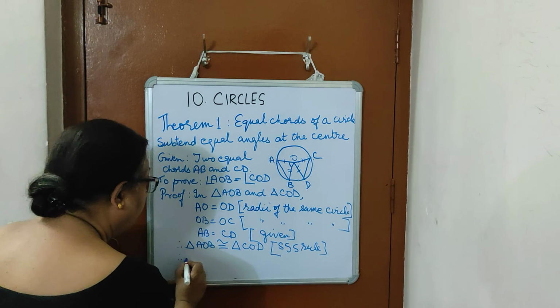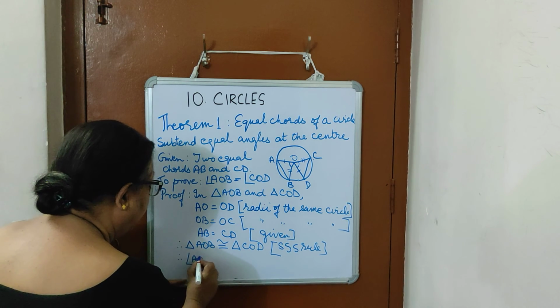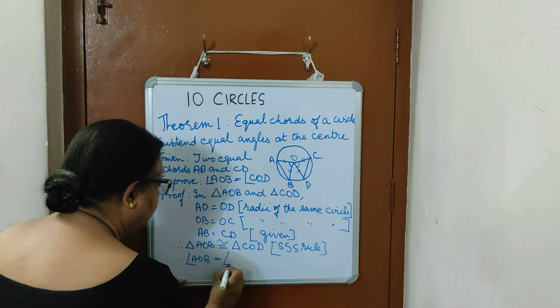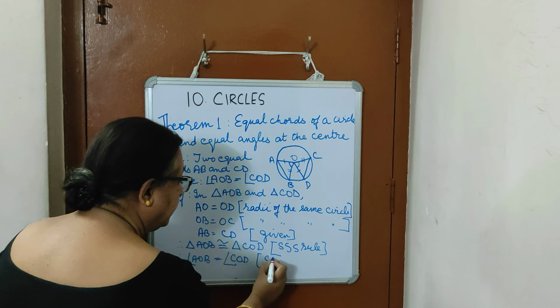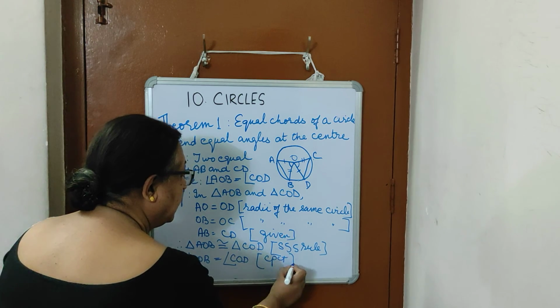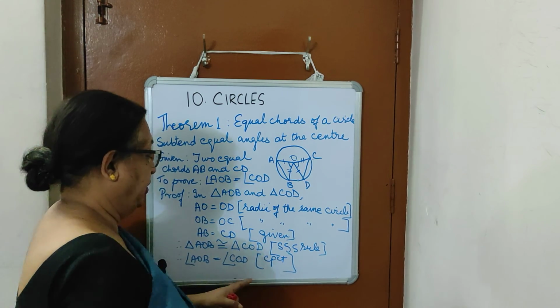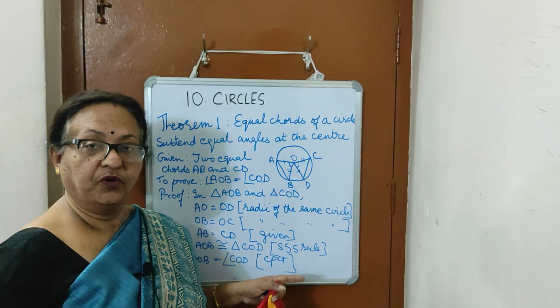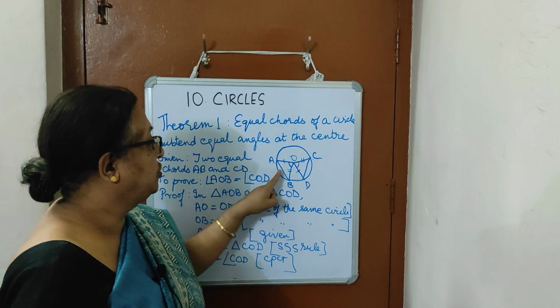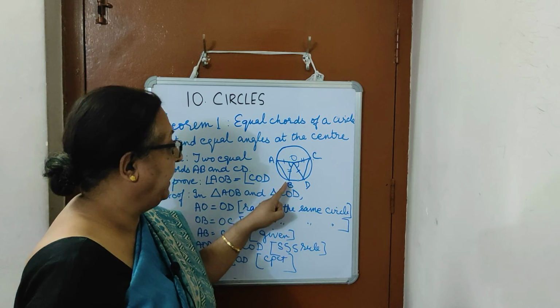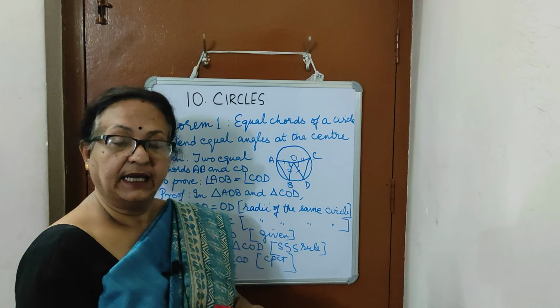And therefore angle AOB is equal to angle COD, by CPCT, corresponding parts of congruent triangles. Now children, we had to prove this. So we have shown that if a circle has two equal chords, they make equal angles at the center.